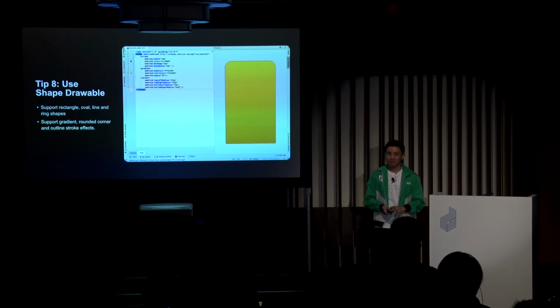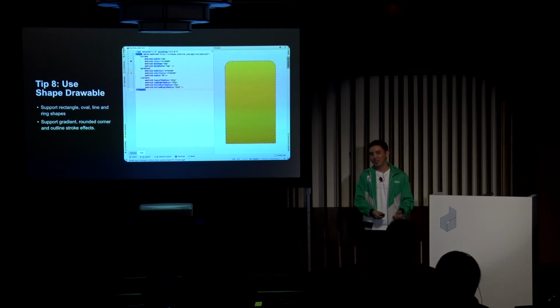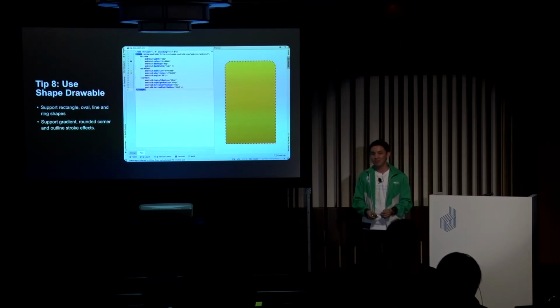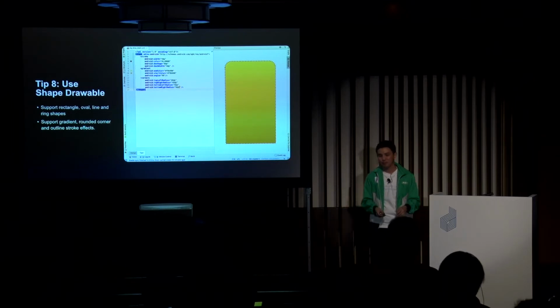Tip 8 is to use shape drawable. I always see developers, when they would like to draw a rectangle, oval, or fill a gradient background or rounded corner image, go to meet the designer team and ask for the graphic. And you have to wait for the designer team to send the graphic to you, right? It takes time.